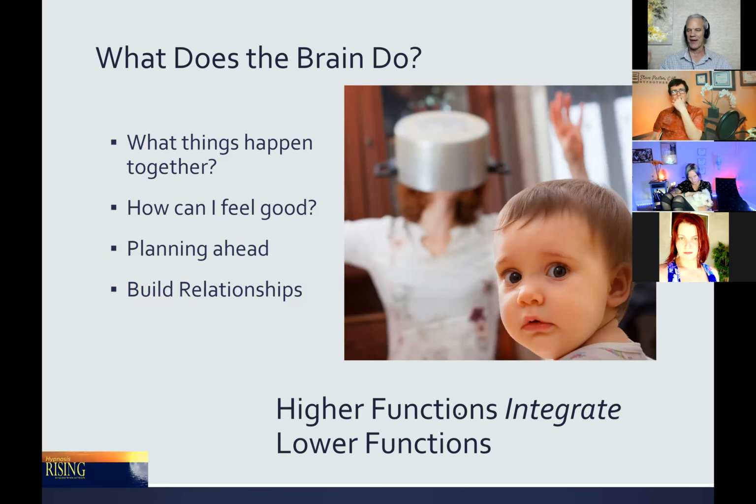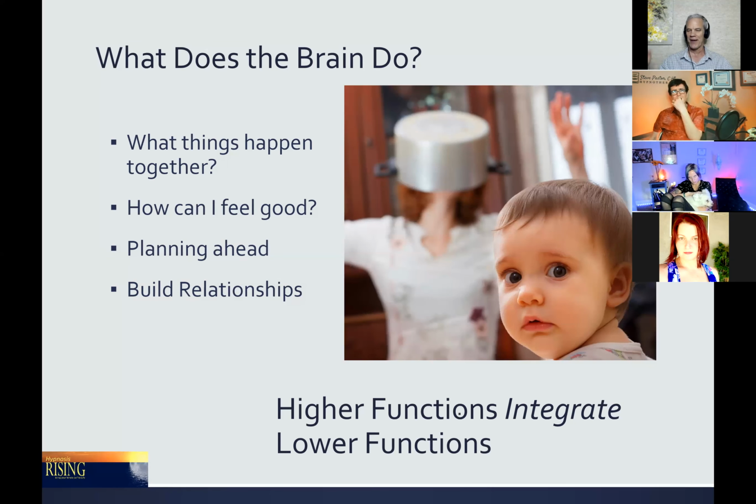But the highest function of the brain is building relationships. Most animals do all these things prior to that, but the unique human condition, to a degree that no other animal has, is that our survival is based upon whether we're among enemies or friends.